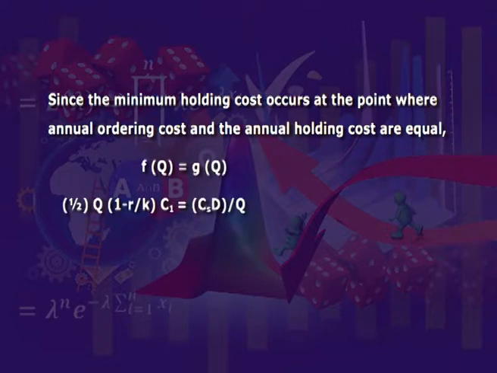Substituting the expressions, we have half into Q into (1 minus R by K) into C1 equal to CS into D divided by Q.